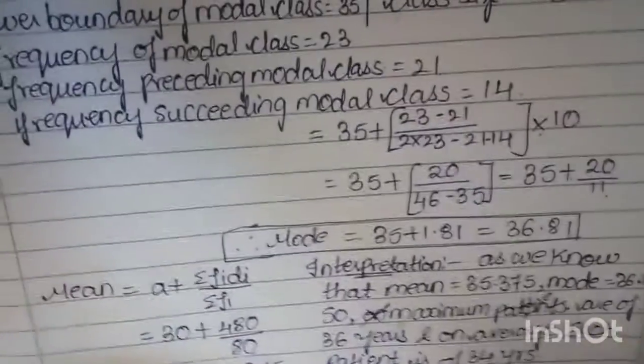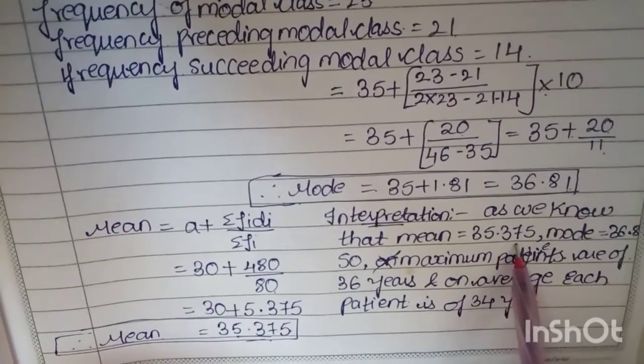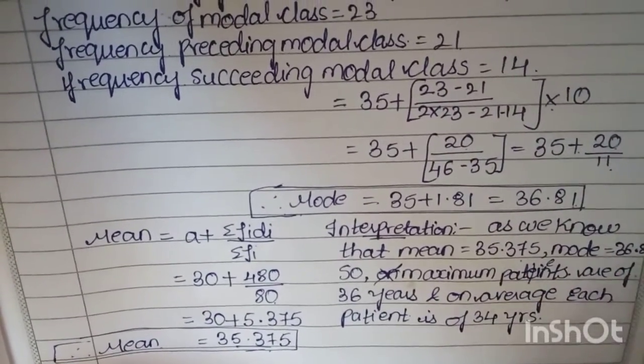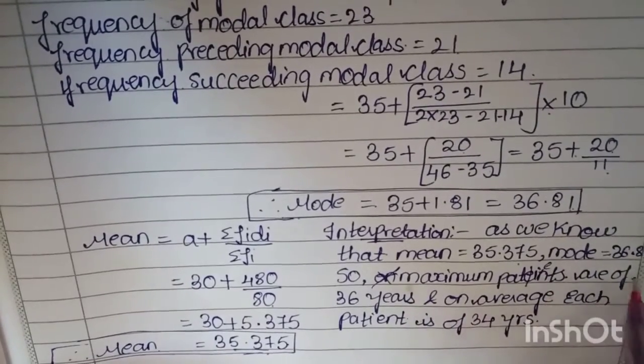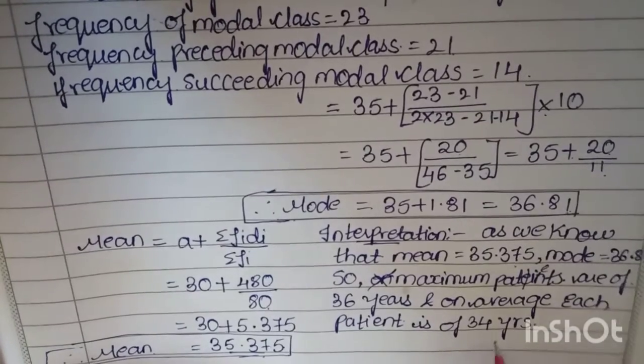So the interpretation: as we know that mean is 35.375 and mode is 36.81, maximum patients are of 36 years and on average each patient is 34 years.